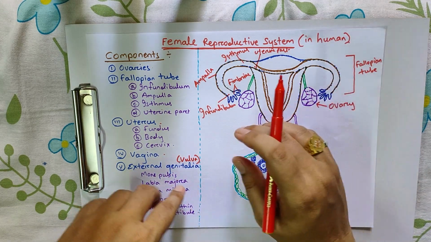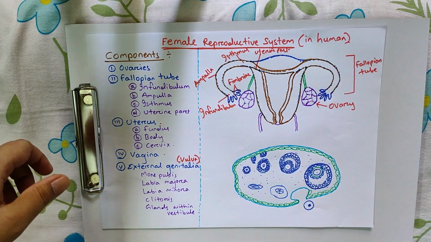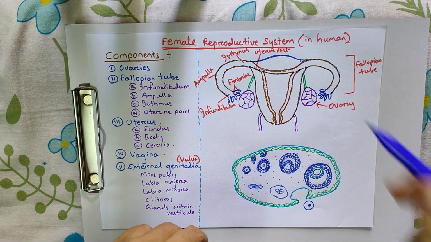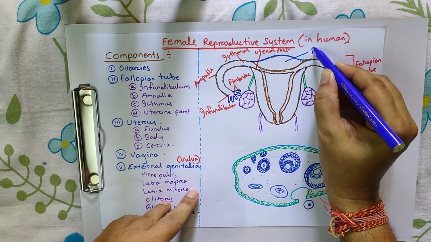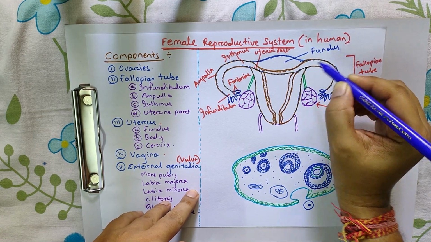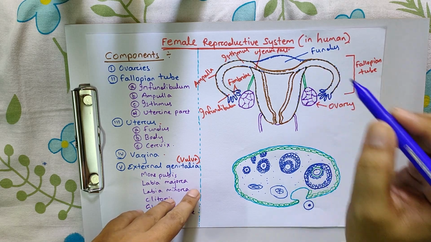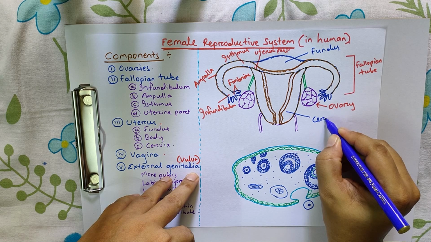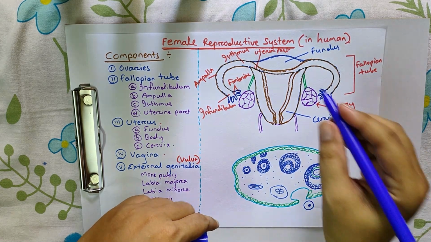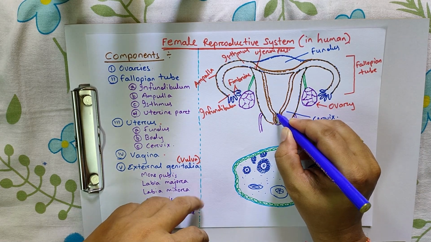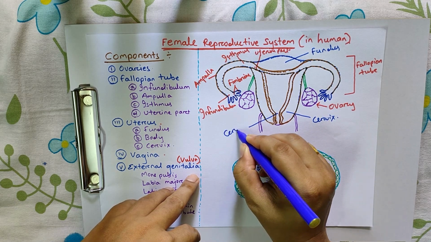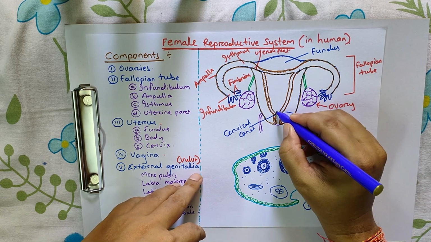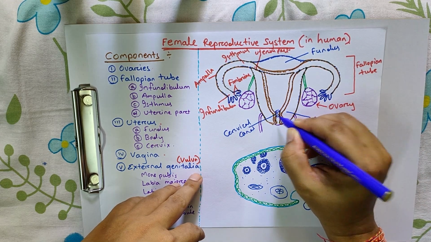Next, the uterus. The uterus has three parts. This one is the fundus. This part is called the body, and this one is the cervix. This canal is called the cervical canal. Here is an opening and here is another opening.